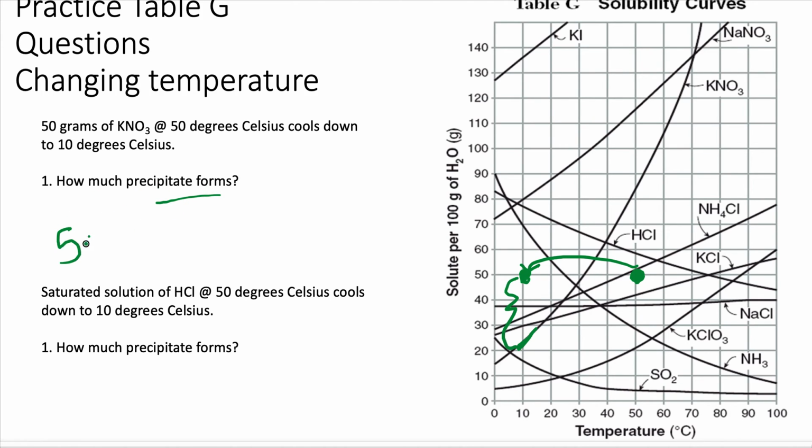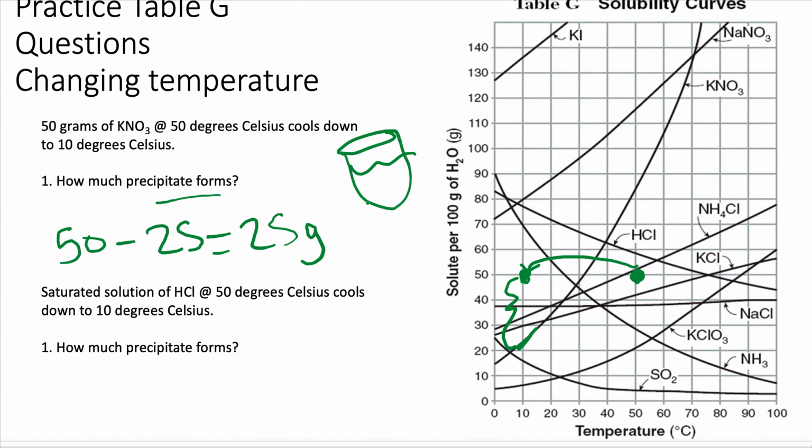So we're going to do 50, because that's where my dot is, minus 25, because that's where the line is, and that gives me 25 grams. So in my beaker, I'm going to add 50 grams, and only 25 is going to dissolve, and the other 25 is going to settle on the bottom. We're not going to do this one because when you do 50 and 50 under HCl, it's actually unsaturated, so nothing forms.